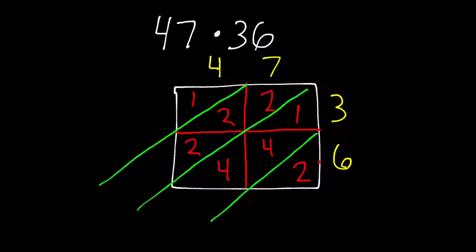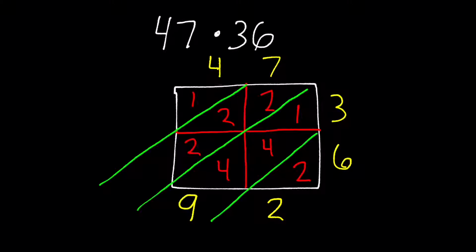Start all the way on the bottom right hand side. We just have a 2. So the sum of that diagonal is 2. Now we move over to the next diagonal here. 1 plus 4 plus 4 is 9. So we can put that as the sum of this diagonal. Move over, and now we've got 2 plus 2 plus 2, or 2 times 3.